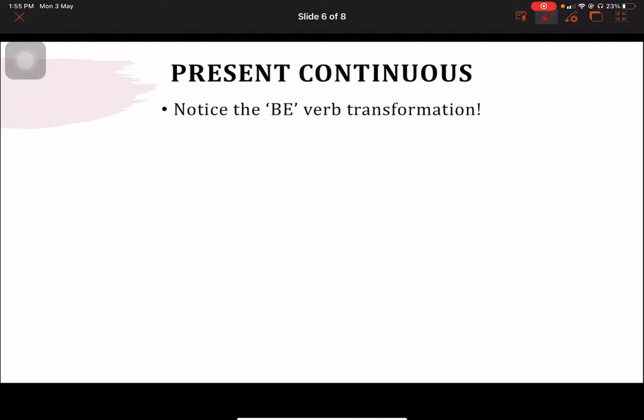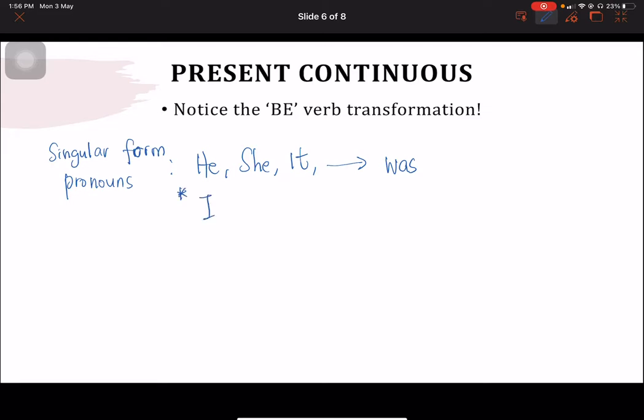So how do you change it? This one is very easy. For singular form pronouns, for he, she, it, you use was. And I, this one is a special case, you use was.